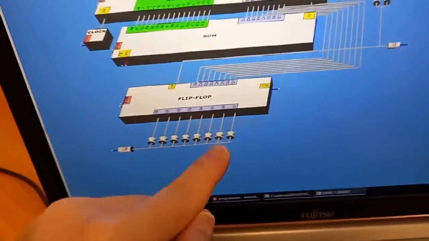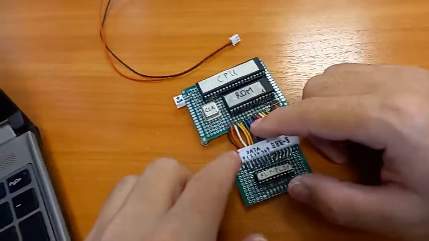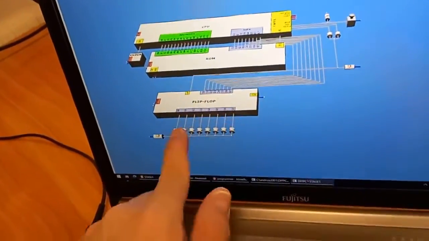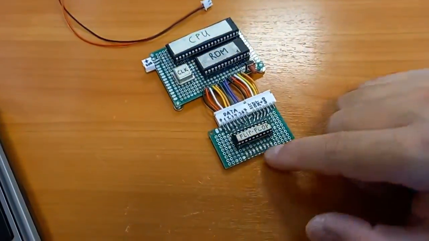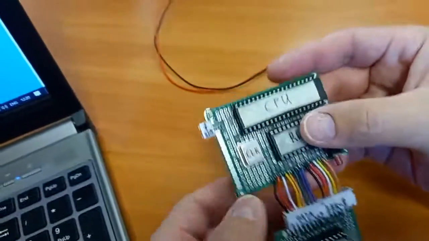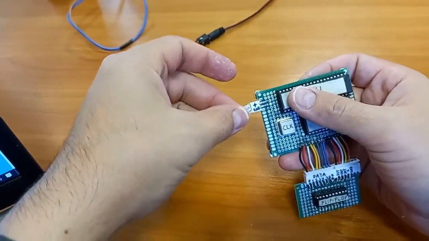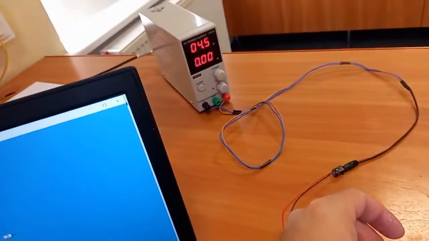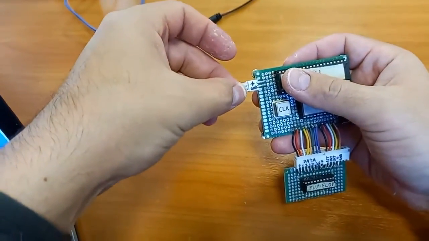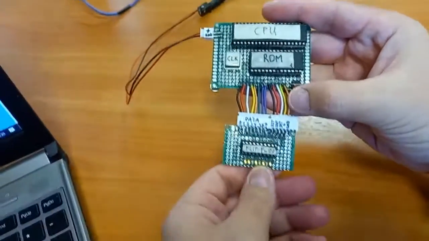So we have AB sitting here, and 56 here that we don't use, and the output of the flip-flop we have right here. So let's see, we connect voltage here from there, 4.5 volts for example, and we have AB sitting here.